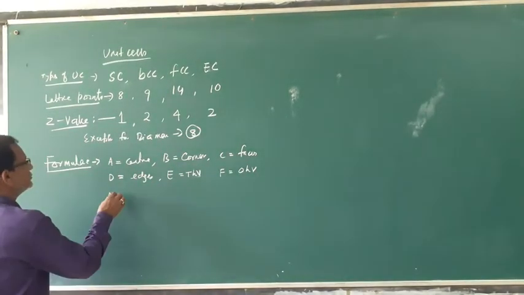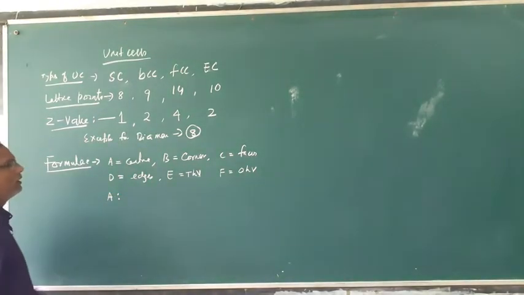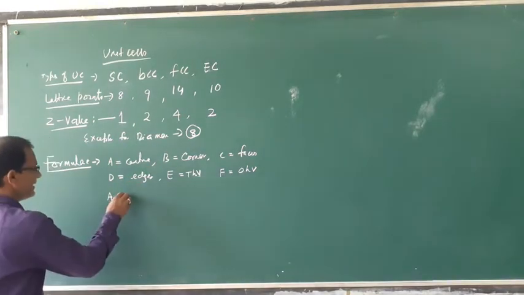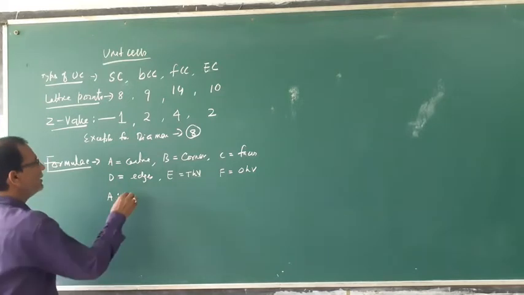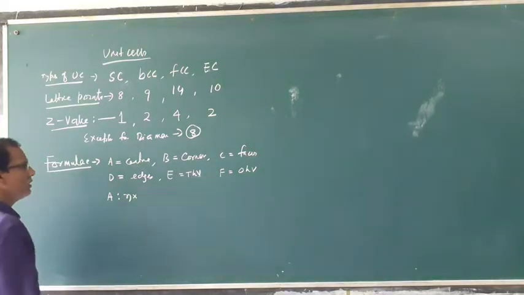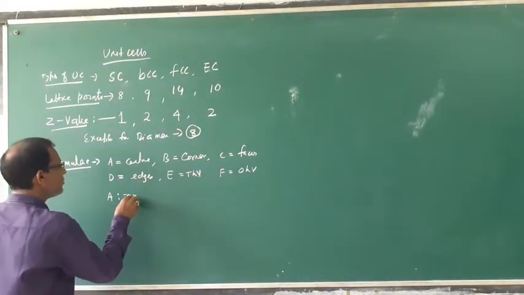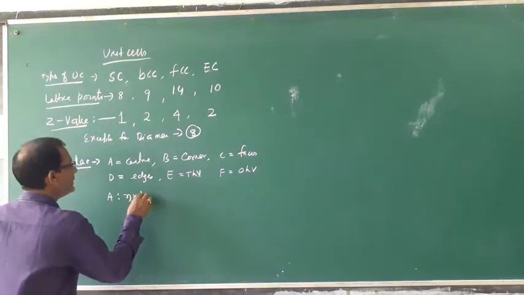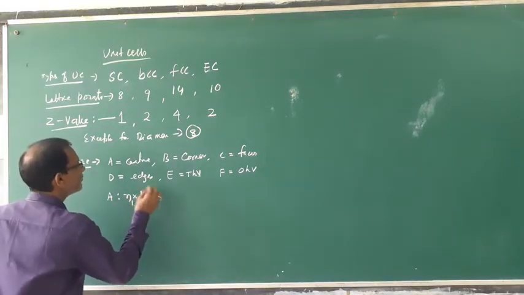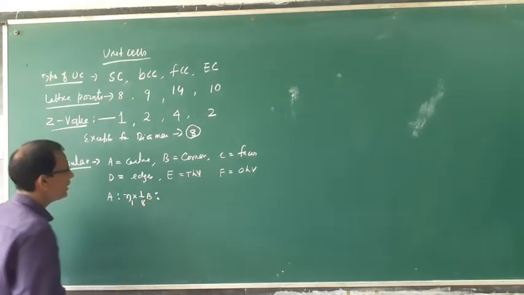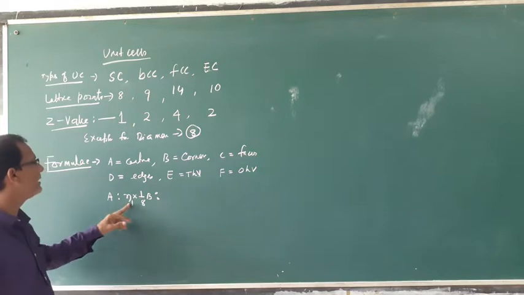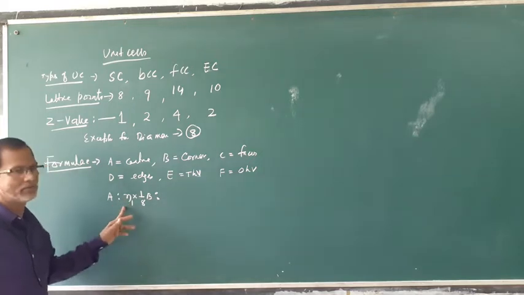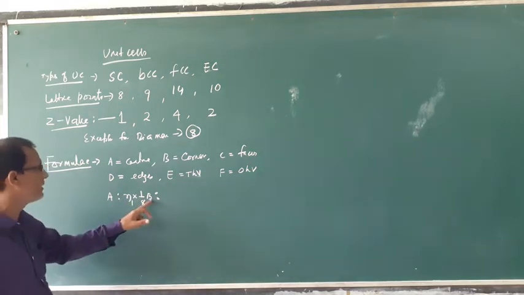B at the corner depends upon the number of B, n1 into 1 by 8 B, because the contribution of each corner is 1 by 8.